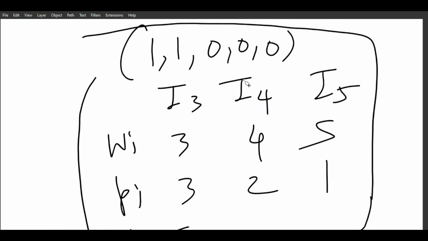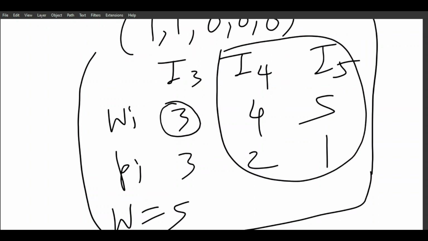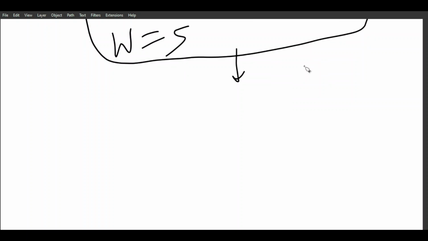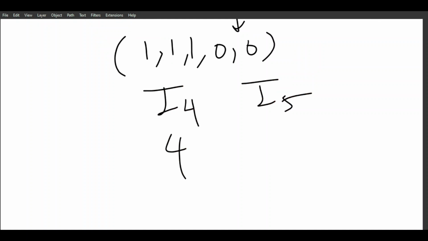Again we repeat the same process. Next most profitable item is item 3 having weight 3. It can fit in the knapsack. Again we reduce our problem into a smaller subproblem. So now we have the first 3 items. Our solution is 1, 1, 1, 0, 0 and the 2 remaining items are I4 and I5, having weights 4 and 5 and profits 2 and 1.